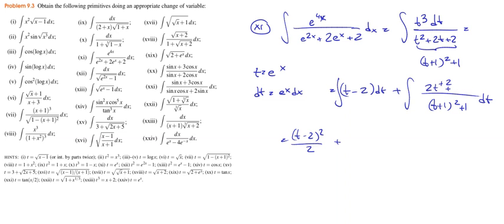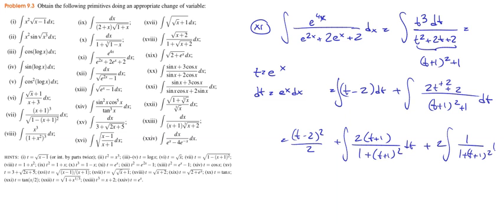Instead 2 plus 2, 4. So you have 2t plus 2 divided by 1 plus t plus 1 squared dt plus 2 times 1 over 1 plus t plus 1 squared, right? And now this is the logarithm of 1 plus t plus 1 squared, and this is the arctangent of t plus 1.